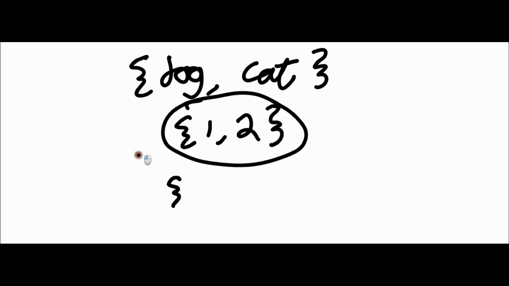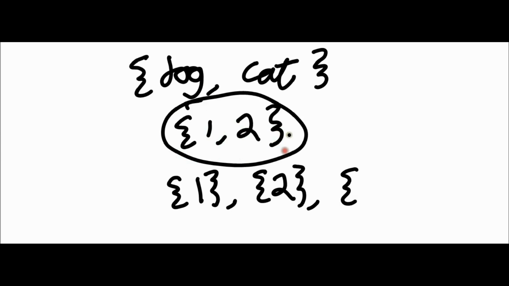Well, 1 is a subset of the set containing 1 and 2. The set containing 2 is another subset of this. The set containing 1 and 2 is another subset of this. We can just define things that way. And there's also another subset of this called the empty set, which we write like this.